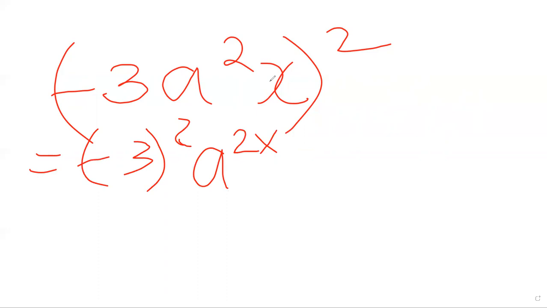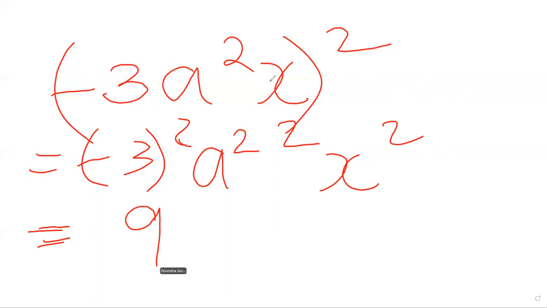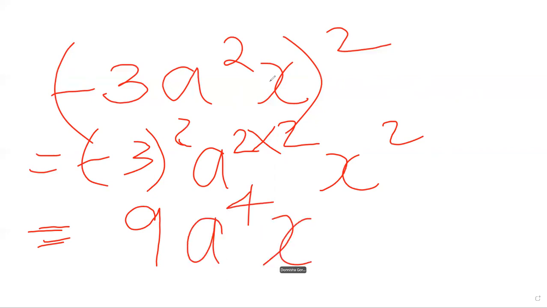And then we have x, which is also being squared. The instruction said simplify, which means you're going to the lowest term. You are writing it as simply as possible. -3, we square that, we get 9. We established also that once you square a negative number, you will get a positive number. a to the 4th power, x squared.